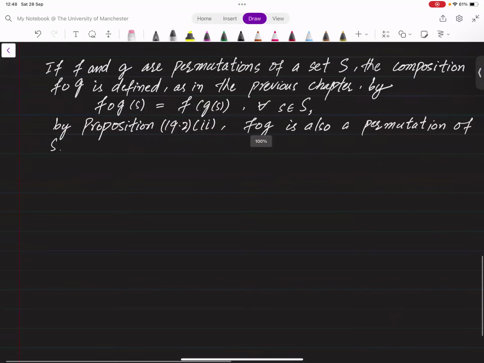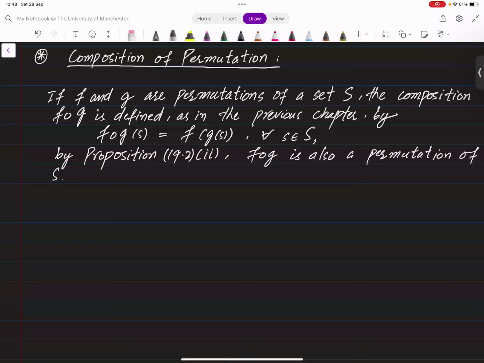So let's explain it more by the example. Example 20.3.